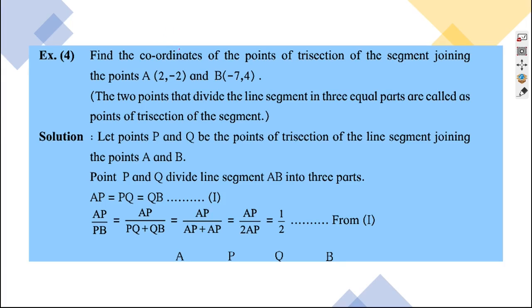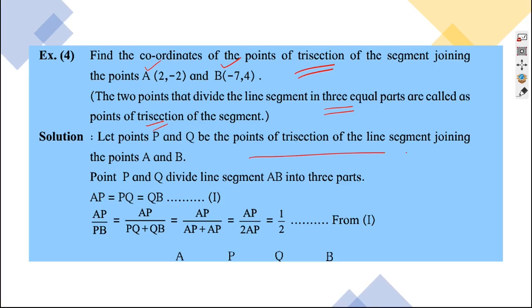Now let us consider this particular special sum. Find the coordinates of the points of trisection of the segment joining the points A and B. The 2 points that divide the line segment into 3 equal parts are called points of trisection. What do you need to understand?